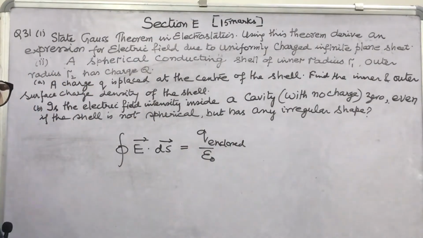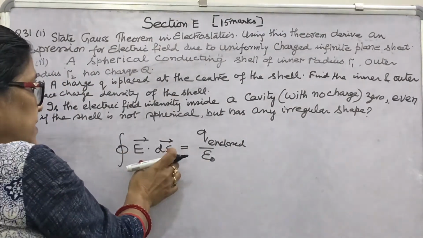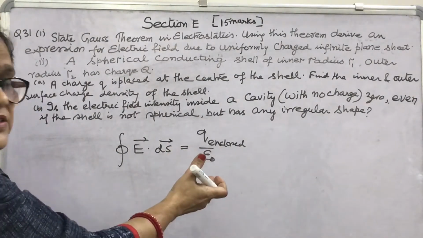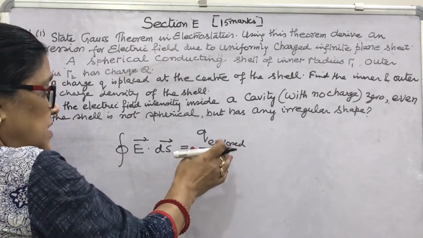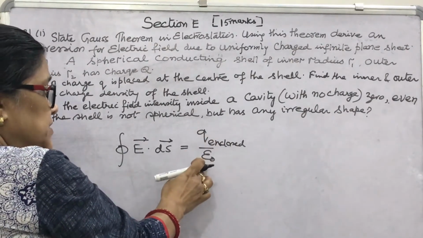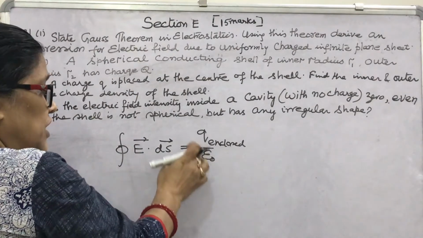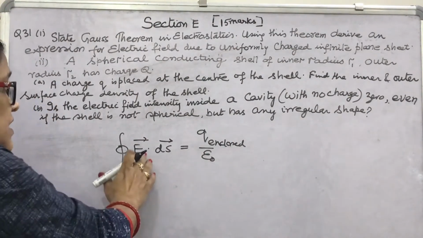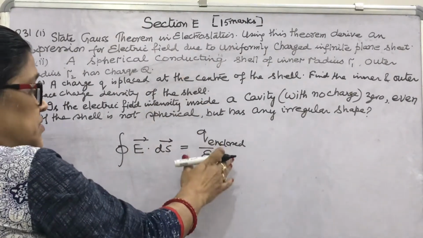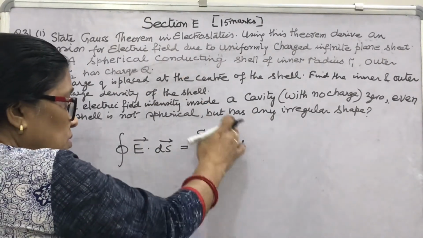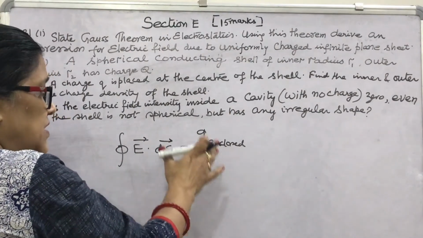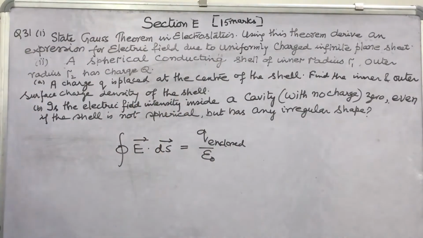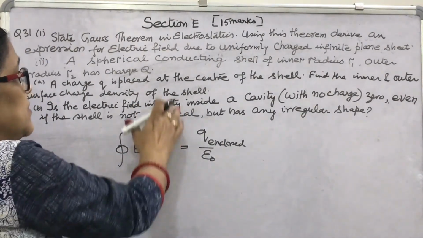So what is the statement of Gauss theorem? The electric flux through any closed surface placed in electric field is 1 upon epsilon naught times the charge enclosed by that surface. This is the Gauss theorem.